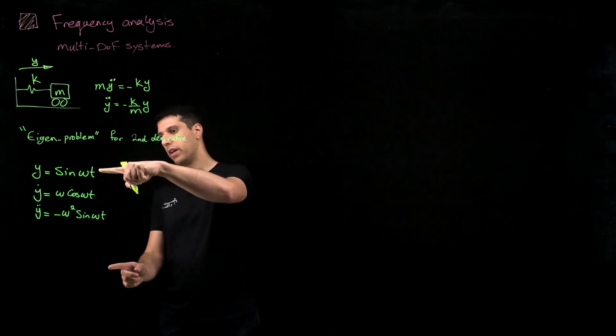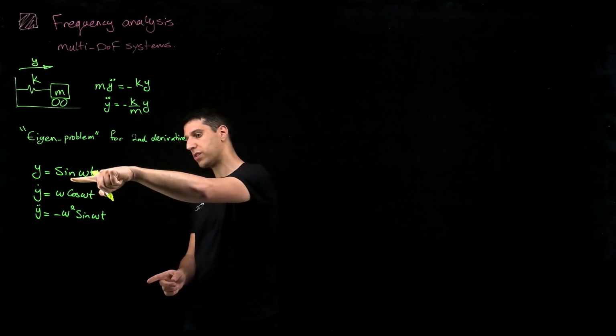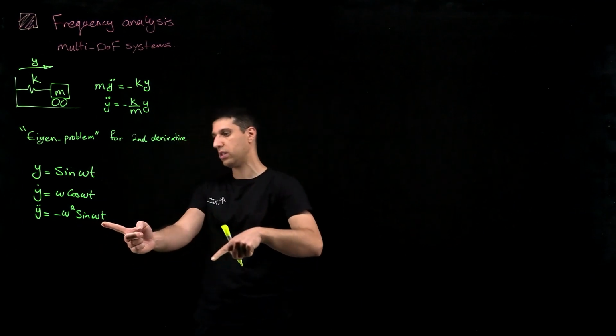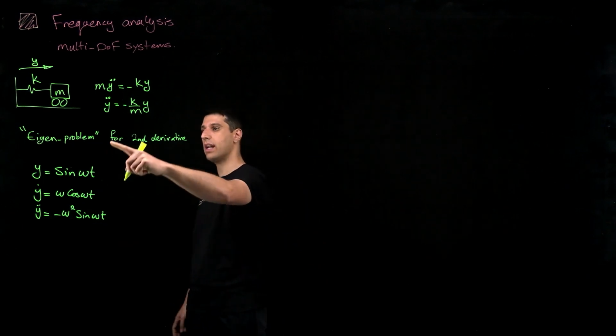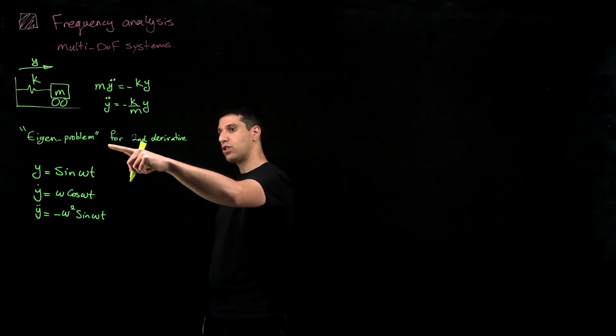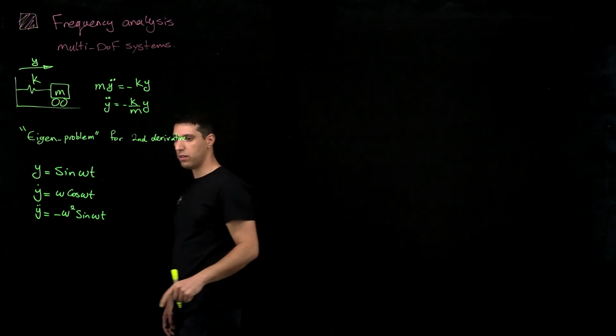So you see, if the input is in the shape of sine, the output will also be in the shape of sine, only a scaled version of it. So that's a solution to this eigen problem for the operator of second derivative.